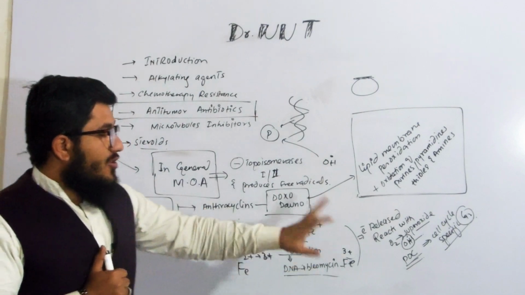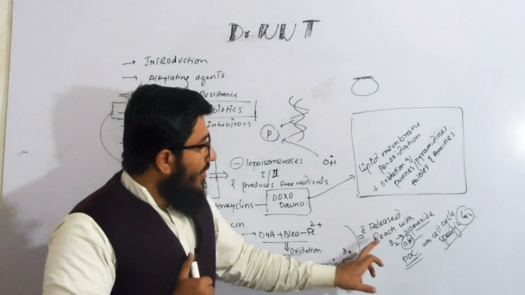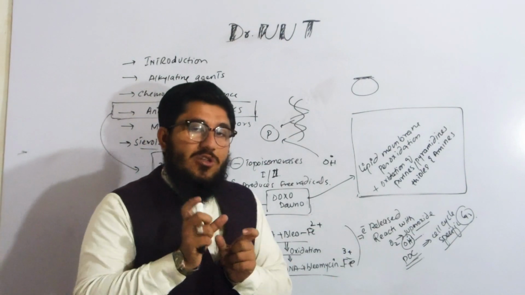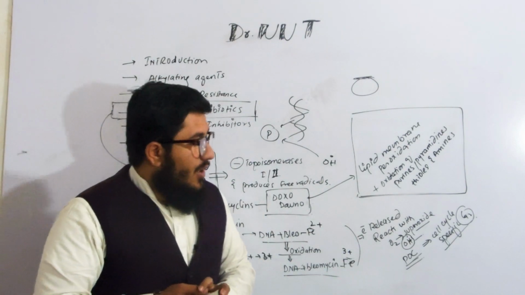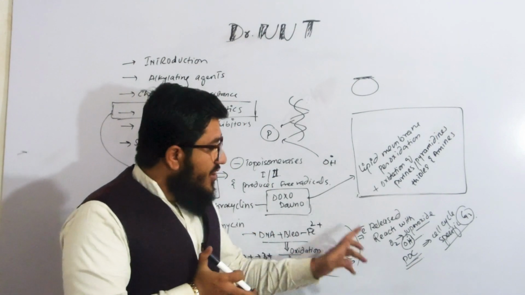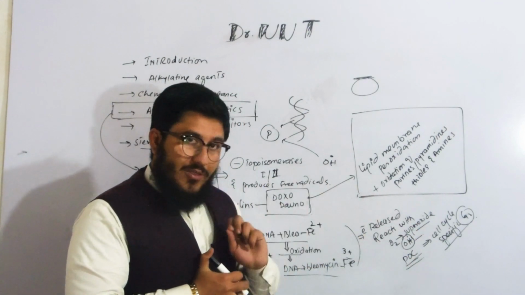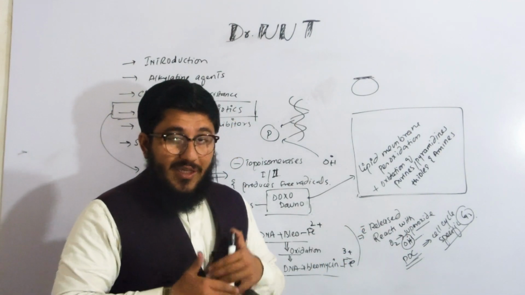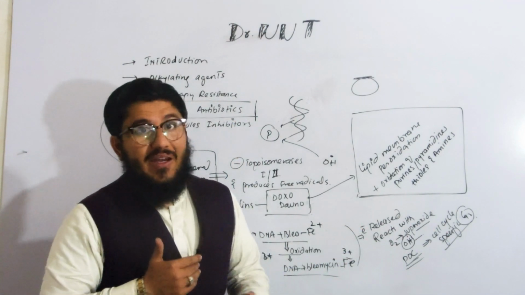Now this electron that is lost, this released electron will react with the oxygen, or it will react with the oxygen of hydroxide ion, hydroxide radical ions. So what will then happen? The oxygen will be converted into superoxide, and this hydroxide ion will be converted into a radical, hydroxide radical.